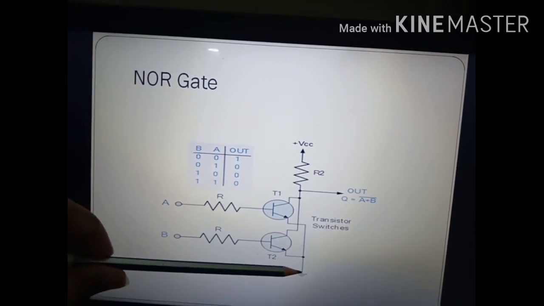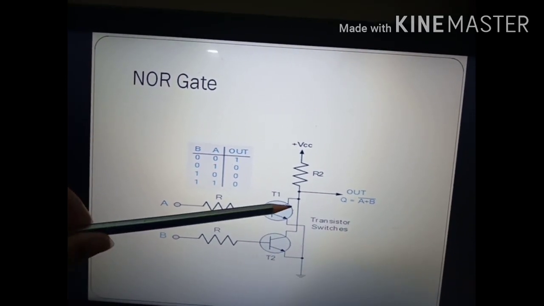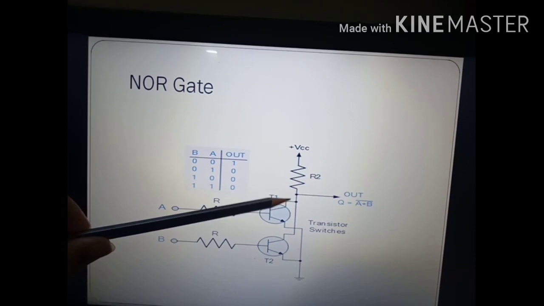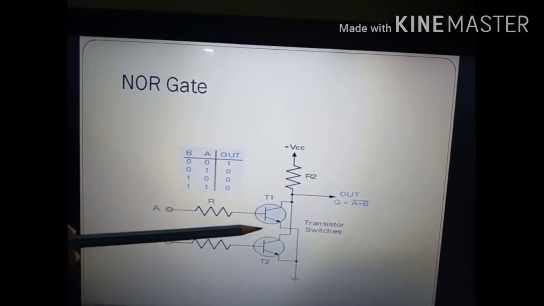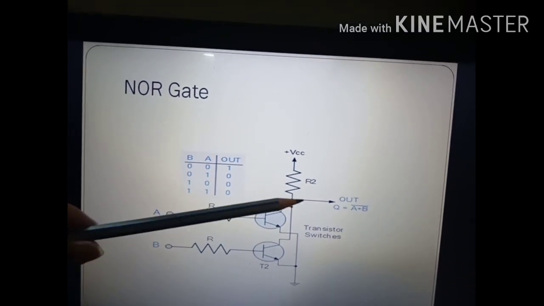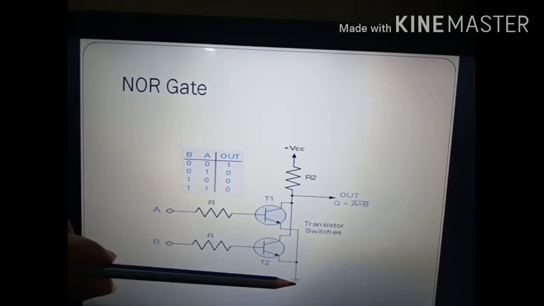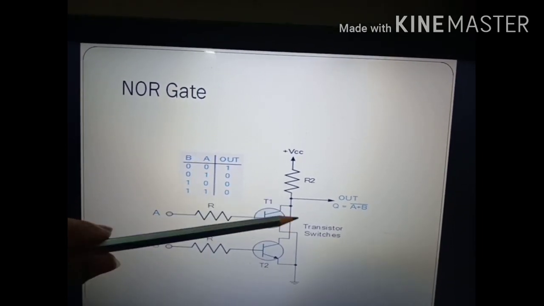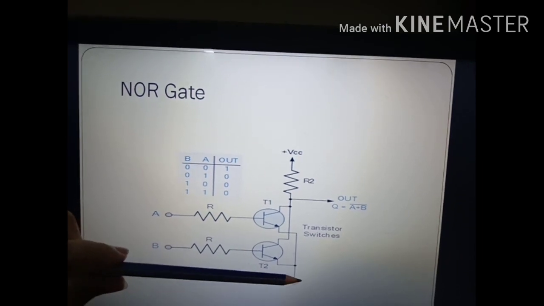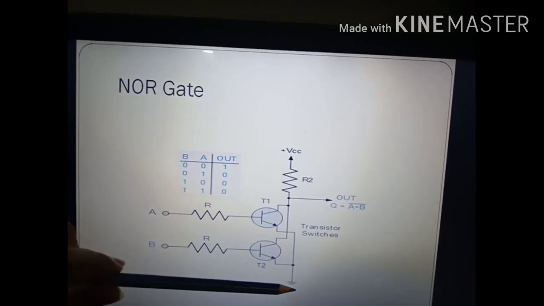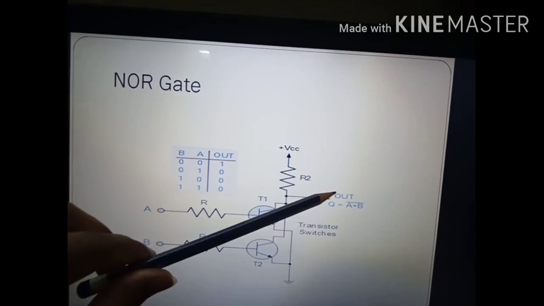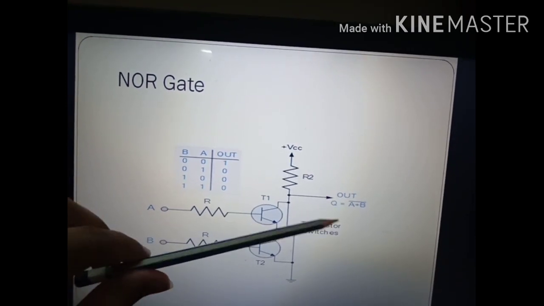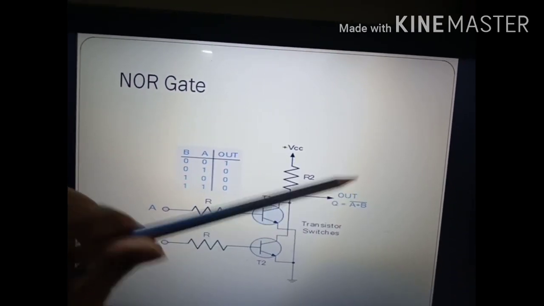The potential difference between this point and this point remains same, as we know that the equivalent resistance of the transistor is very much negligible. So the potential difference between this ground point and this point will remain same. So the voltage at the ground point will reflect here. So we get 0 output.